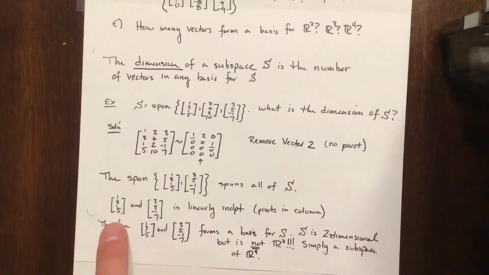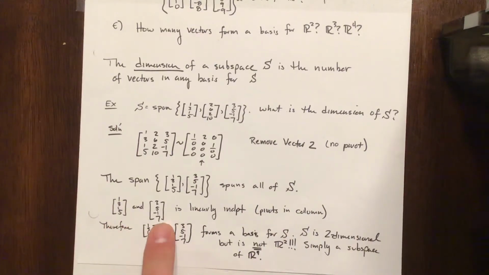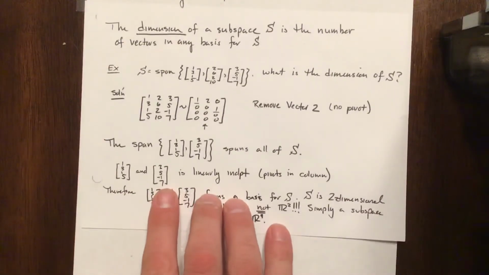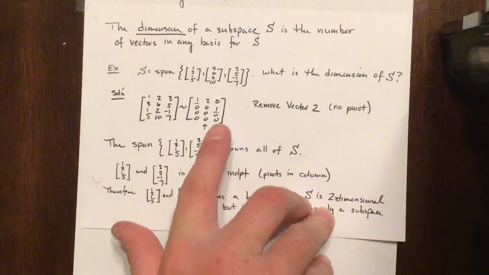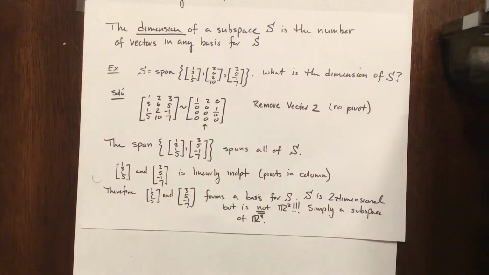1, 3, 1, 5, and 2, 5, negative 1, 7 are a linearly independent set, because we know that their corresponding columns in the reduced row echelon form have pivots in them. Therefore, they form a basis for S. And since there's only two of them needed to form a basis for S, the dimension of S is 2.